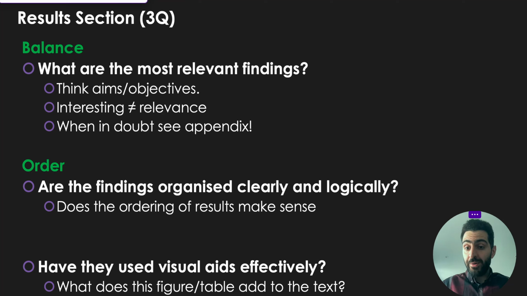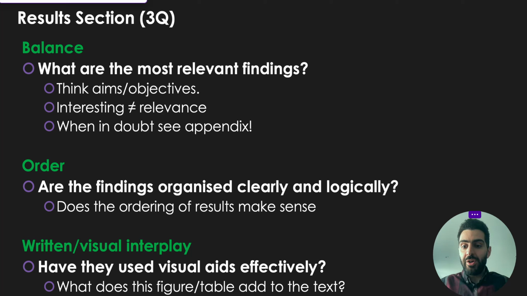You want to get the ordering correct, making sure that the structure and the narrative are clear and logical. And last but not least, you want to get the interplay between the written and the visual components of your findings. The reason I say it's an interplay is that they should work together. It shouldn't be a repetition. So that to me is the three key questions.